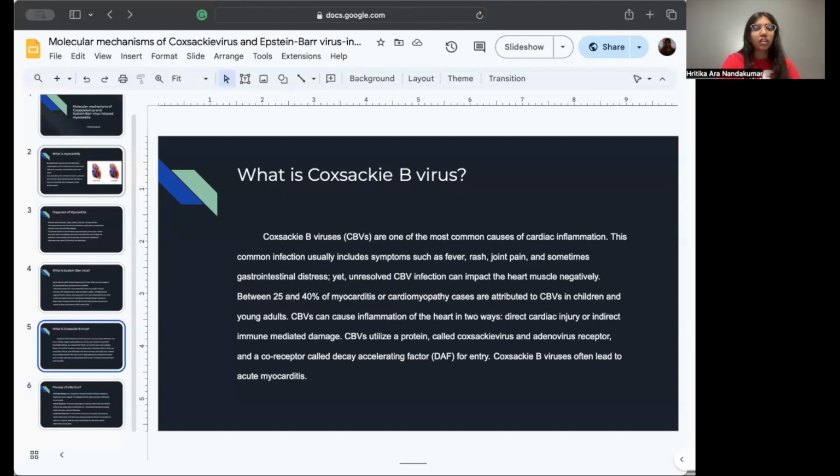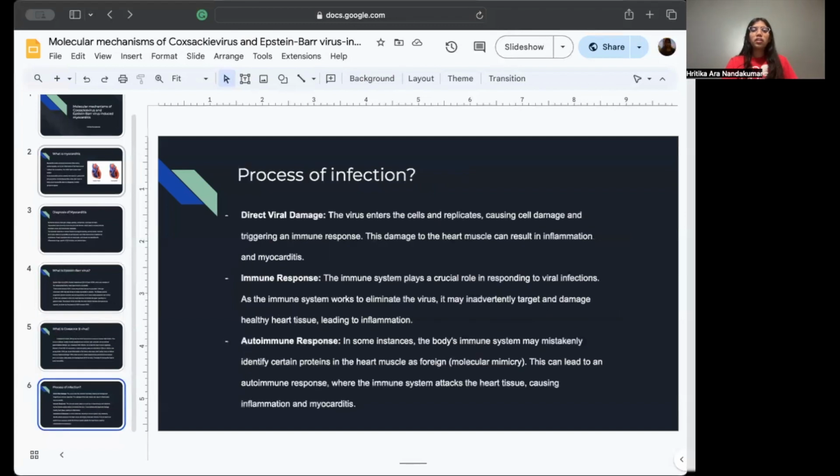The Coxsackie virus can directly infect. These are the main two viruses I'll be studying in my case. I wanted to see, through my research paper, how exactly these can lead to myocarditis. I know a lot of cases can be rare, but there are a lot of cases linking both of them.